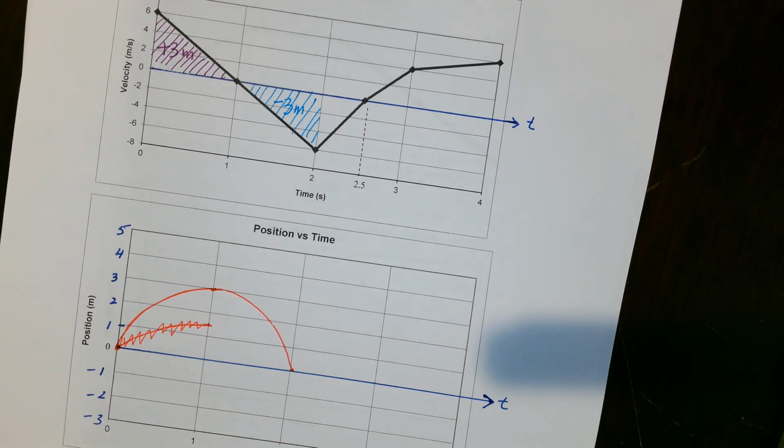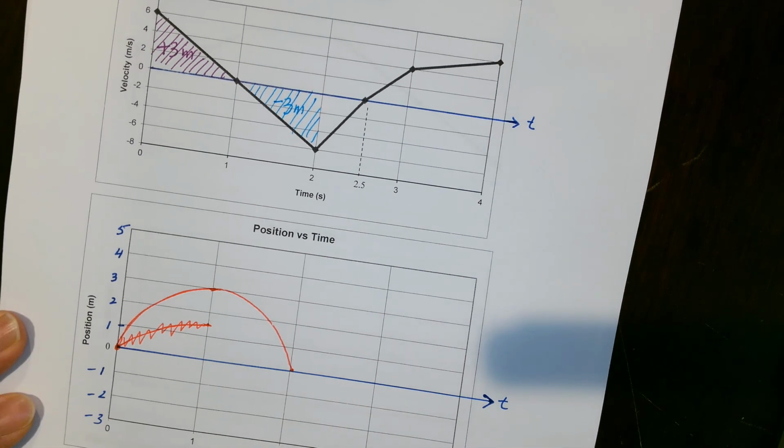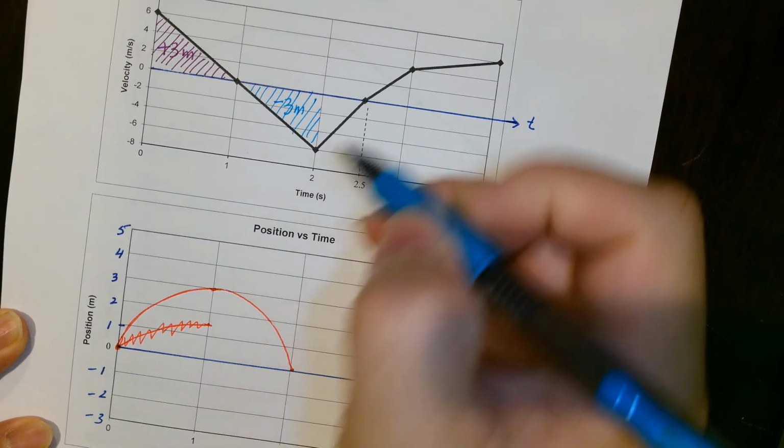So at 2.5 seconds, it is definitely what speed or what velocity? How fast is it going at 2.5 seconds? Come on, Mike. I like your purple worm back there. Thank you. 0. 0, right? Good.